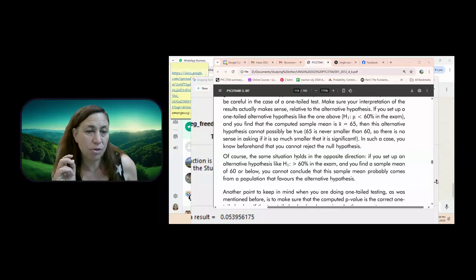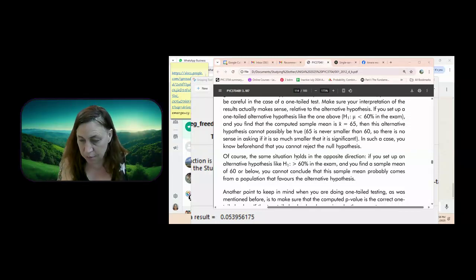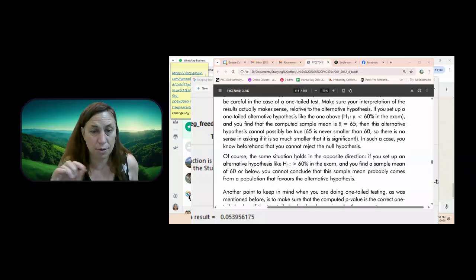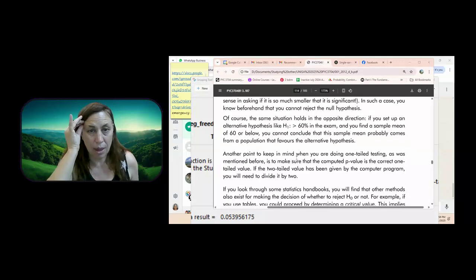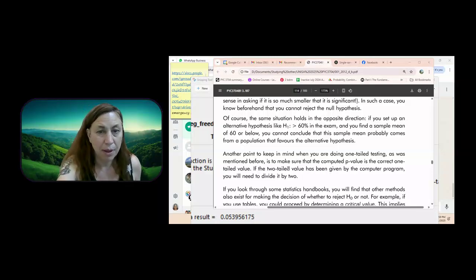So there's no point in doing all of these mathematical things. You go, oh, this is actually bigger than average. So we know before we do any calculations at all that we cannot reject the null hypothesis. And watch out for this, because you don't want to make a mistake, forget this, and do a ton of work and then not get your grade. Or mess up a real life experiment.